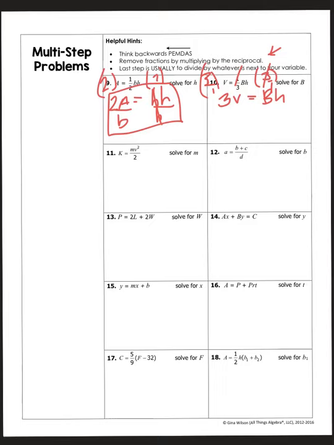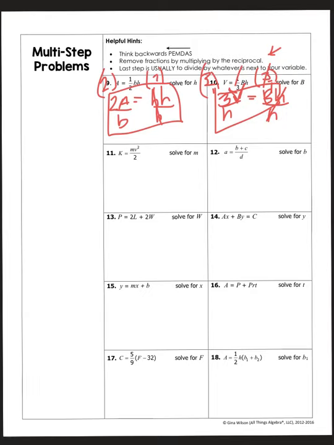And we need to get rid of the h. So since h is being multiplied by b, I can divide it. And b equals 3v divided by h.